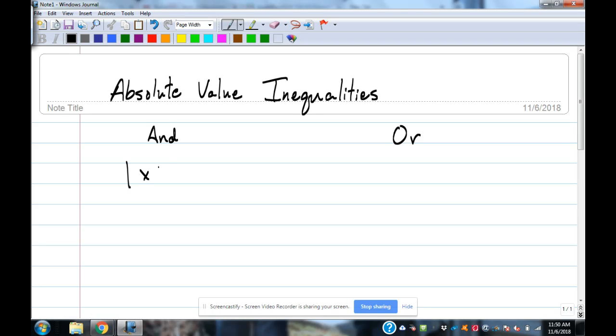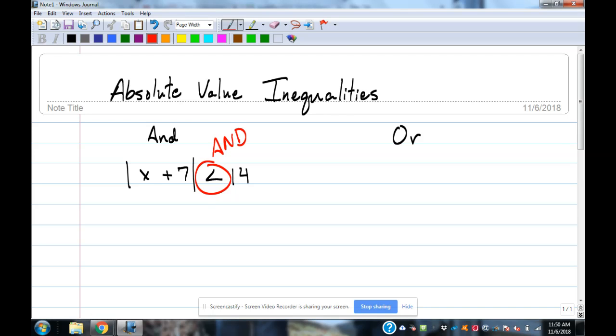Maybe we've got the absolute value of x plus 7 is less than 14. That less than symbol tells us this is an and problem. When we're talking about distance away from 0, if you're less than a distance, that means you're getting closer to 0, so those would be the numbers in the middle.